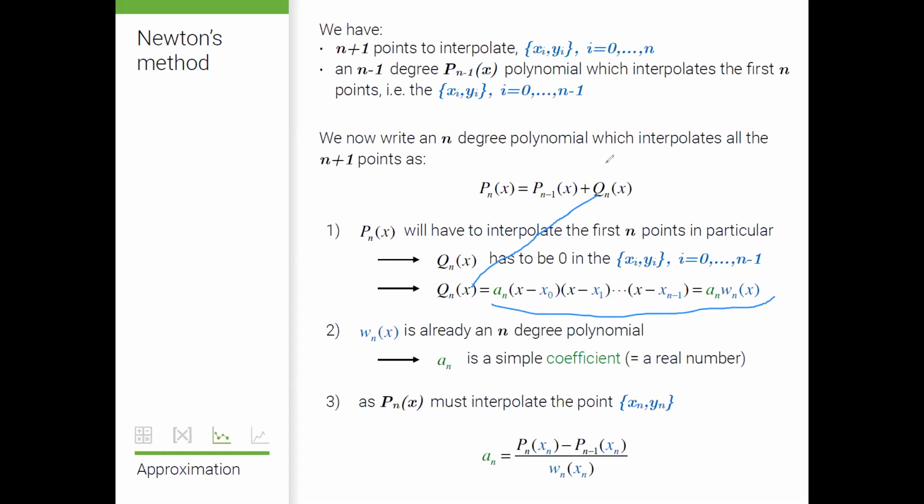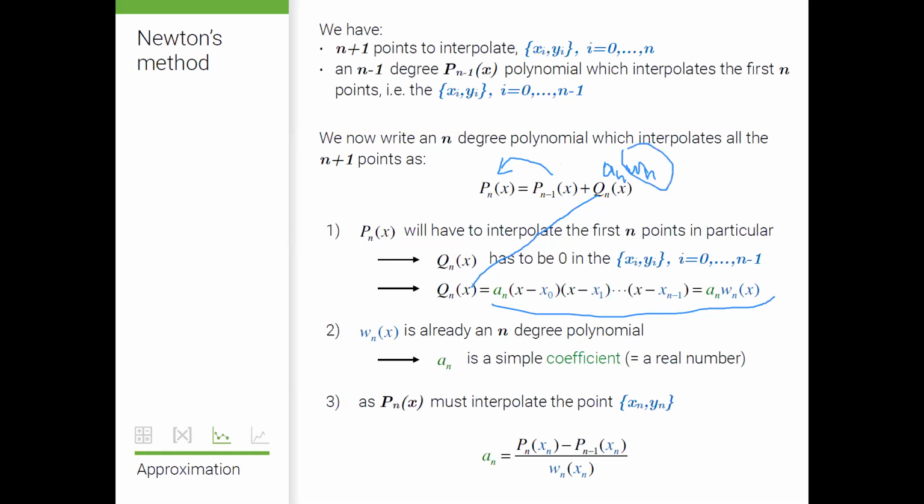Instead of this one, you will get here an and Wn. So now we can find an from this equation, yes? An will be Pn minus Pn-1. However, we will move this Pn-1 to the left side and divide by Wn.